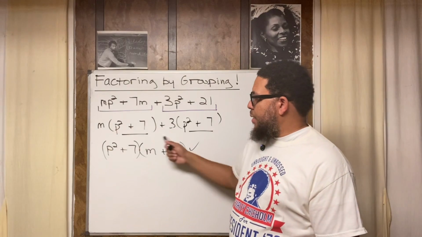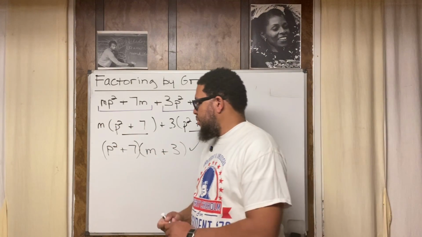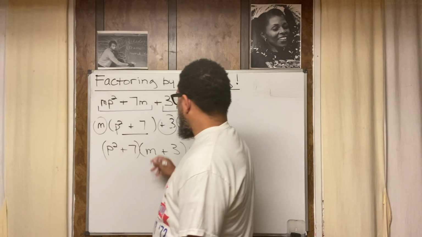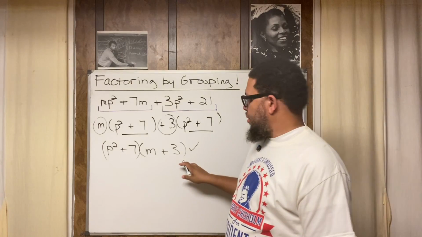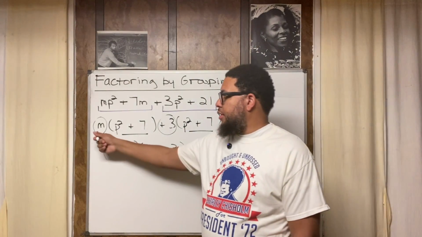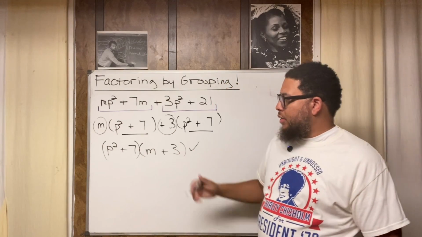And then you set up another binomial over here right next to it. And then you take the outside terms and you put them together, right? And another binomial. So it's like they become friends. This outside term and that outside term become friends together in their own binomial.